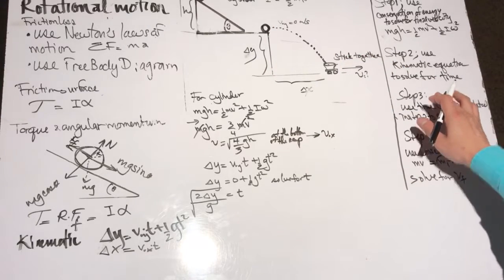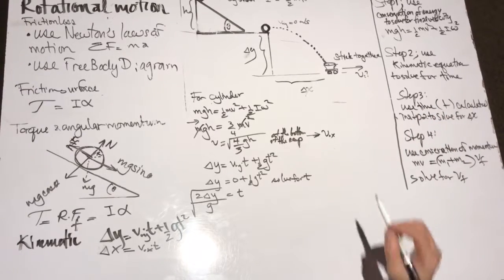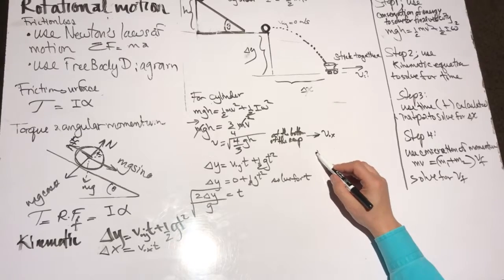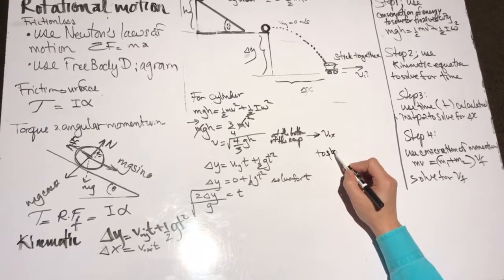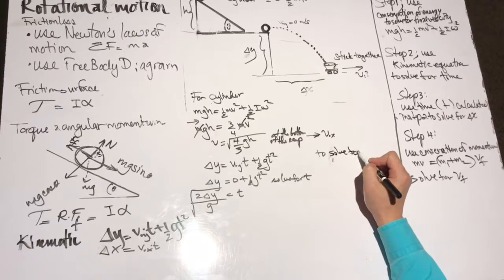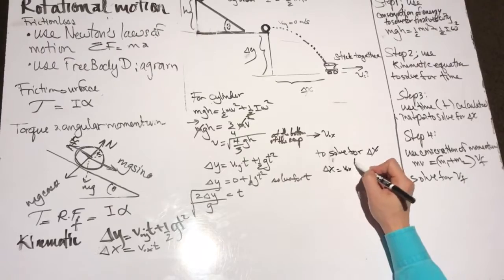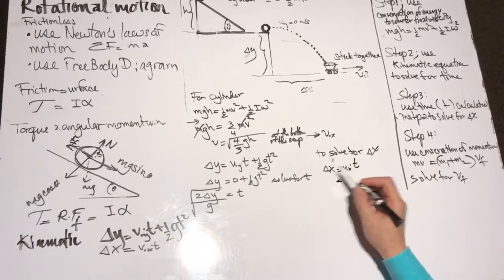And then we follow step 3. Use the time calculated in step 2 to solve for the distance in the x direction. We use this equation, Vox times time. So Vox is that one.